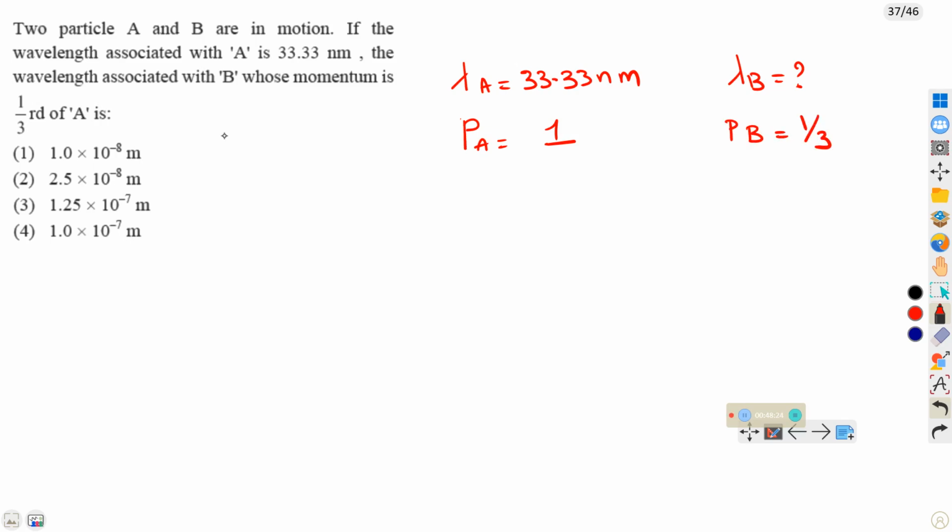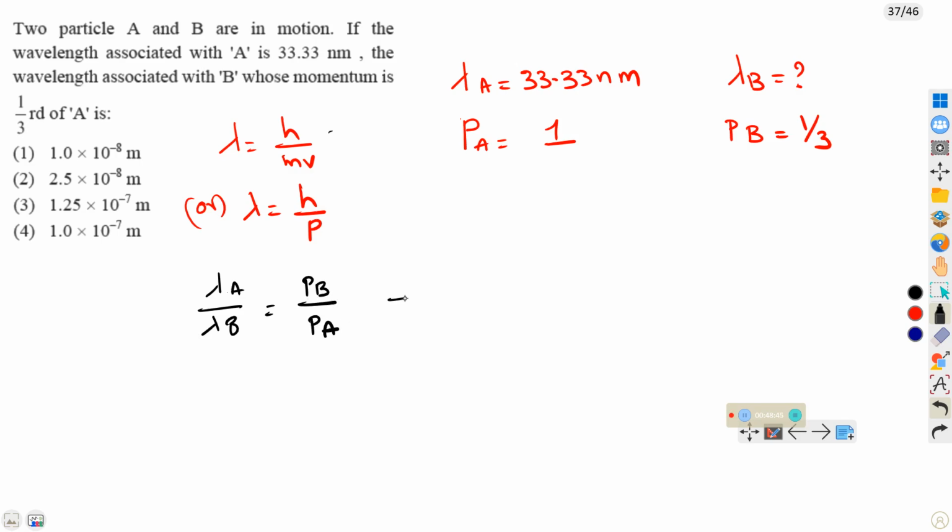We know that lambda is equal to h by mv, or mass into velocity, which is called momentum. Lambda is equal to h by p. H is Planck's constant. Lambda A by lambda B is equal to PB by PA for two particles. Lambda A value 33.33 by lambda B is equal to PB value 1 by 3 by 1. Simplify now.